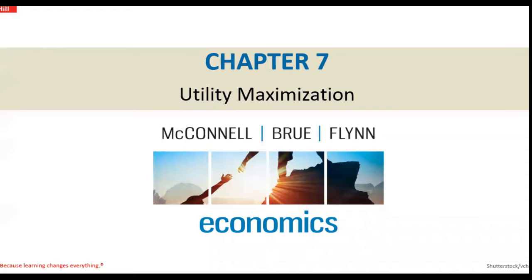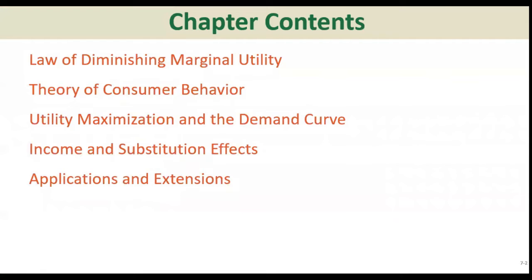So the content of the chapter: the law of diminishing marginal utility, we bring back this law and see some illustration. The theory of consumer behavior, how consumers behave with in mind that they have a scarce, limited income, how consumers behave on the market.